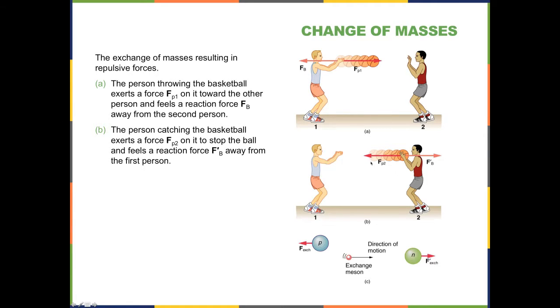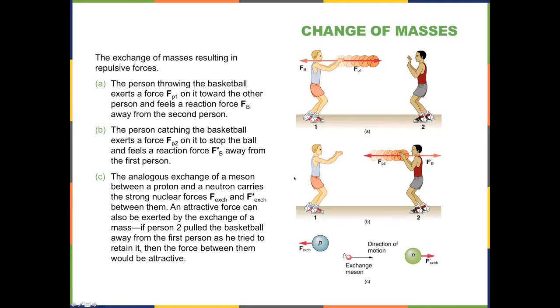When the ball arrives and he pushes it back, he also institutes a force and pushes it back in the other direction. He has to do that in order to catch the ball, and so he is catching the ball, and at the same time, assuming no friction, these forces have to equal each other, and they will feel the same in each direction.